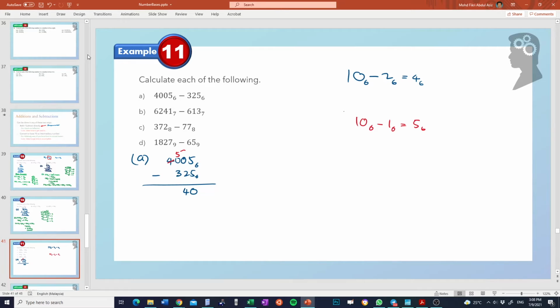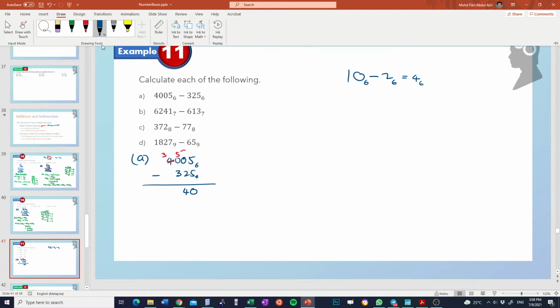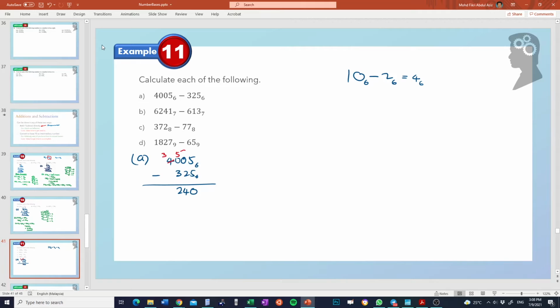Kat sini boleh faham tak ni? Faham cikgu? Tu faham. Dia jadi 5. So now only you can subtract. This yang 4 tadi tinggal 3. So 5 minus 3 is 2. So yang kat sini tadi dia tinggal 3, kita turunkanlah 3 sebab ini kosong kan.